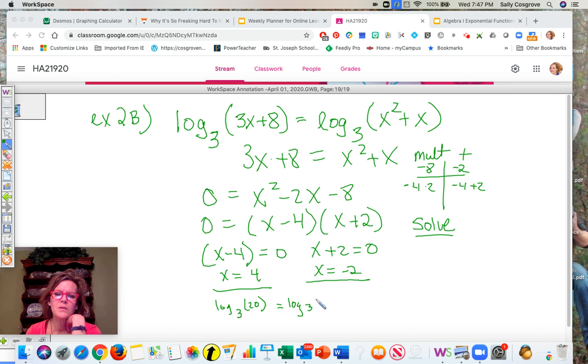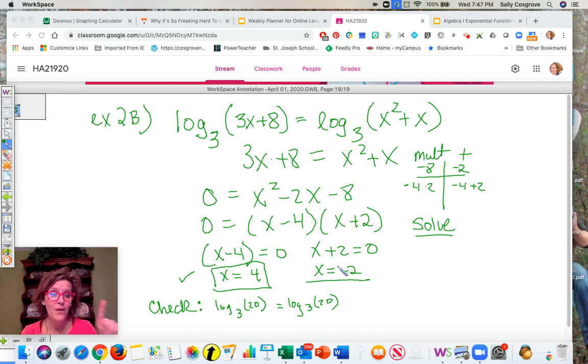Log base 3 of 20. Is that true? Yes. Is there any problem with taking the log of 20? Nope. So guess what? 4 works. I should write down that we're checking. Now, just because 4 works doesn't mean that -2 does.